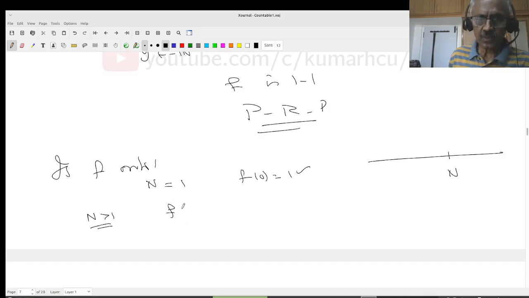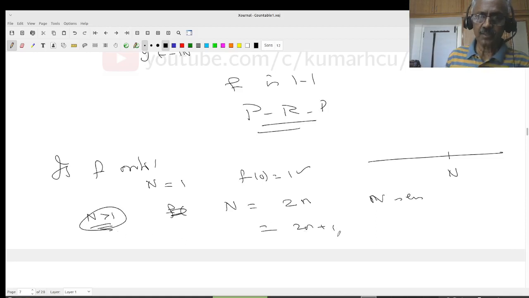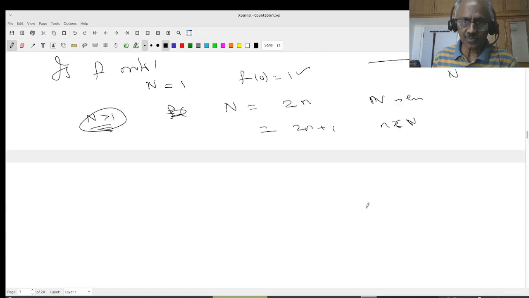Now if N is greater than 1, then it is either of the form 2n, if capital N is even, or of the form 2n plus 1. Remember N is greater than 1, therefore it has to be this. Okay, 2 is already taken care of, so it's not of the form 2n minus 1. Do you understand that?